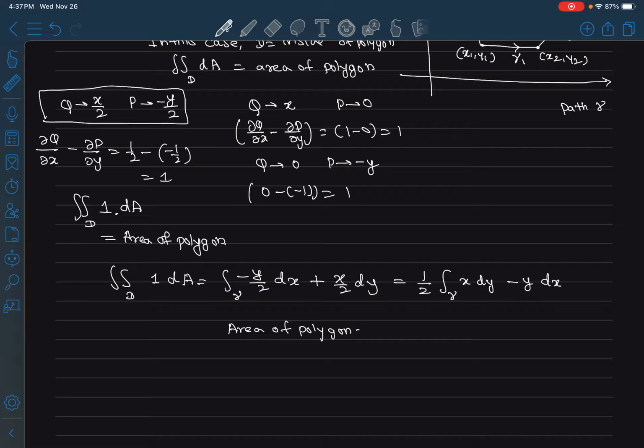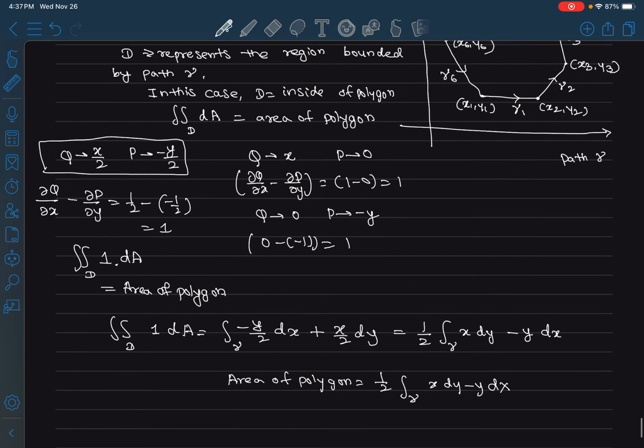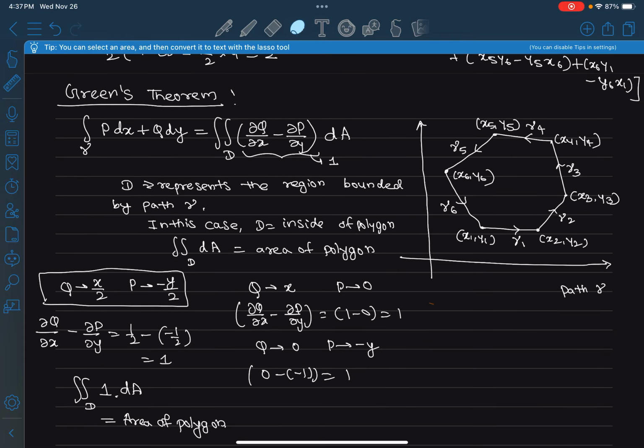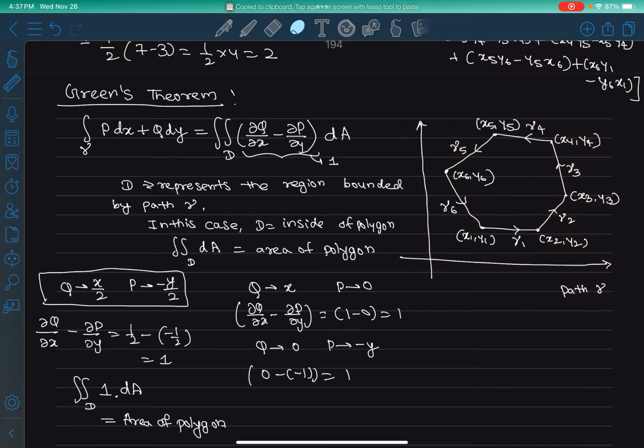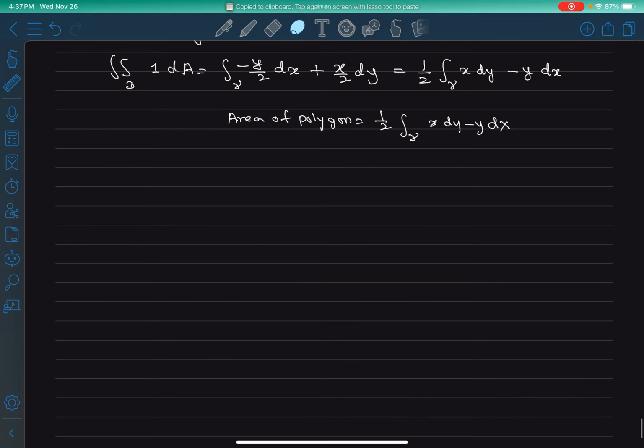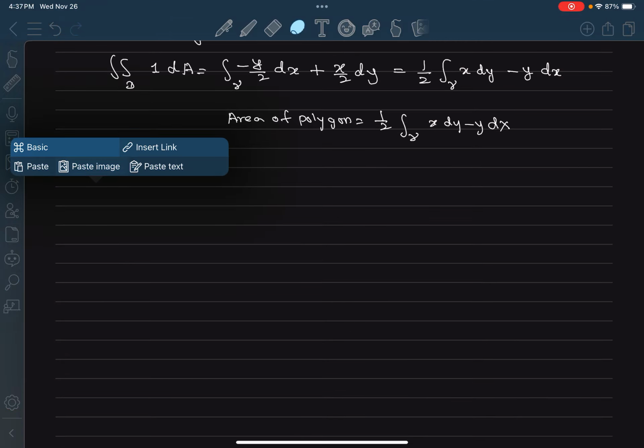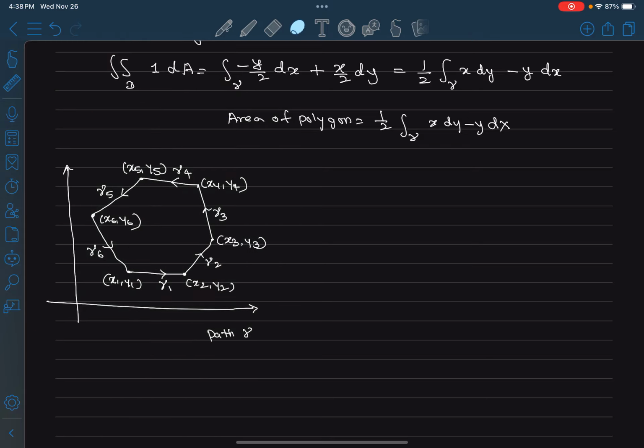we can just evaluate this path integral now, and I think that should not be too hard. So let me again copy this figure below. Now for the path integral, we can break it into multiple path integrals.